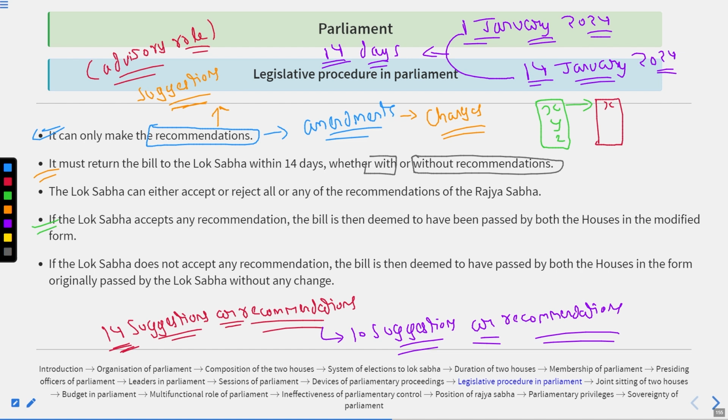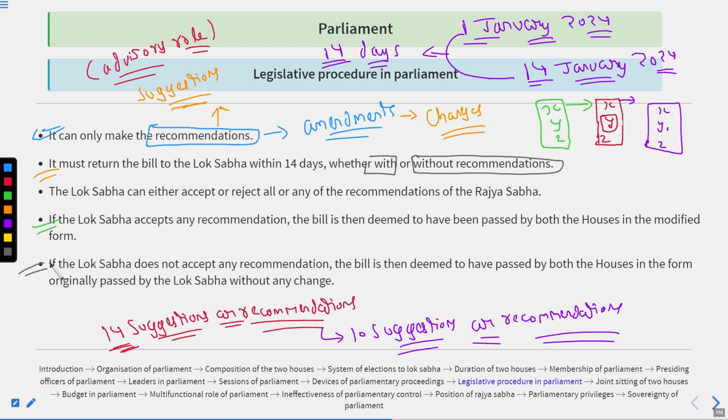The Rajya Sabha suggested a modification in the provision of Y. And if the Lok Sabha accepts the suggestion, they said, okay, this suggestion is good for the bill, so we will accept it. So basically, the bill will become like this: X, Y1, and Z. And once the Lok Sabha accepts it, the bill will not go again to the Rajya Sabha for passing. Okay, so remember this one.